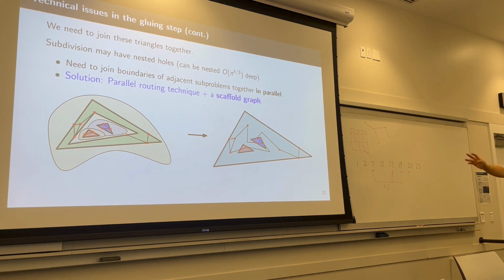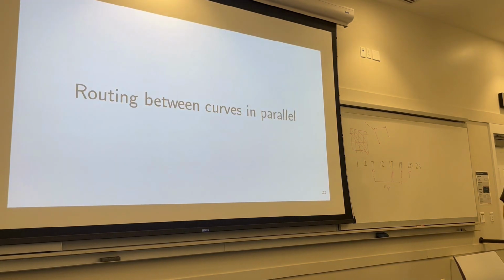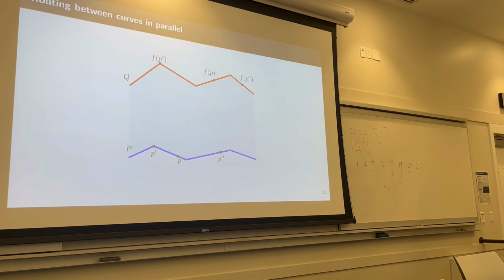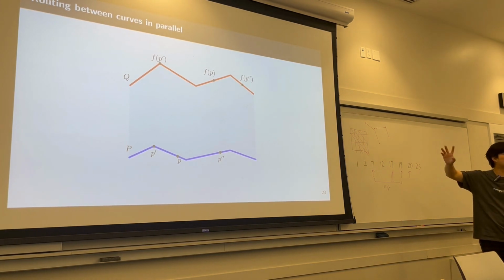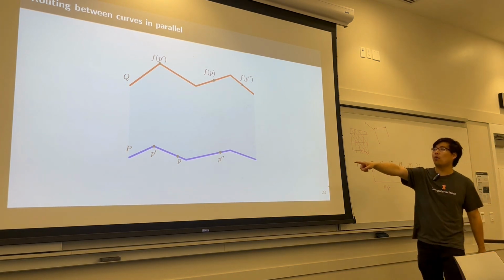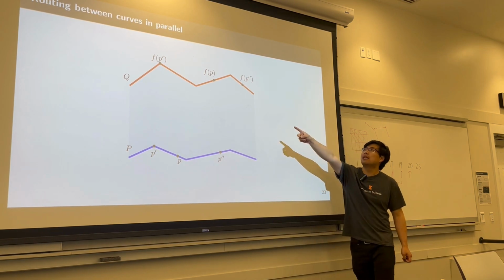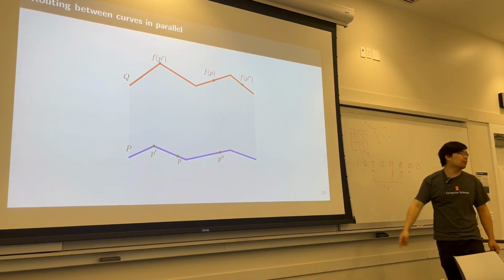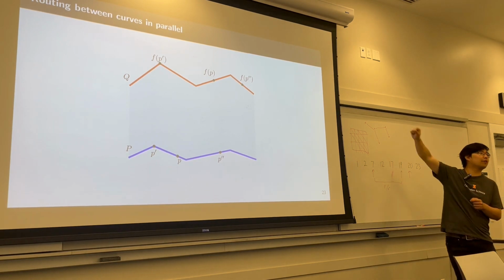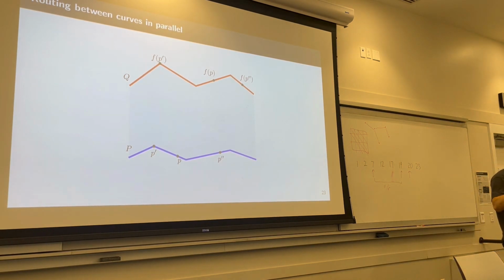And I'll just give some high-level ideas of what we do. I'll start with how you route between curves in parallel. So suppose you had 2 polygonal curves, and you had some points, P, P prime, P double prime on the bottom, that you wanted to map to the corresponding point on the top, and you wanted to connect everything with straight lines, possibly with bends, right?